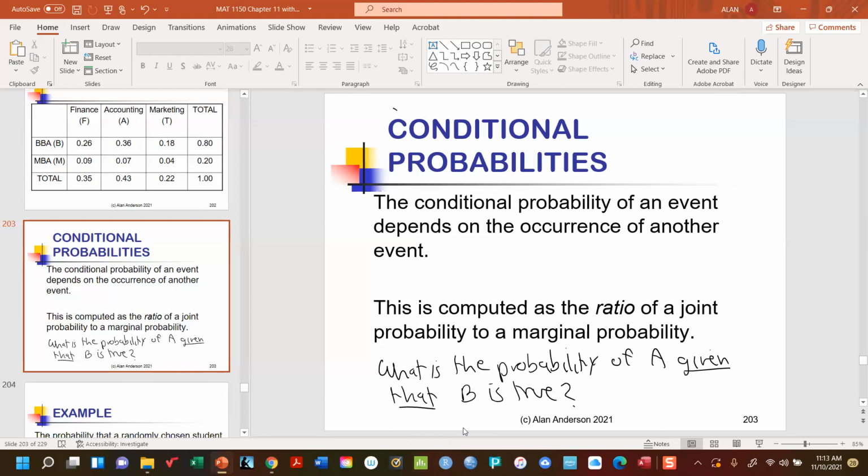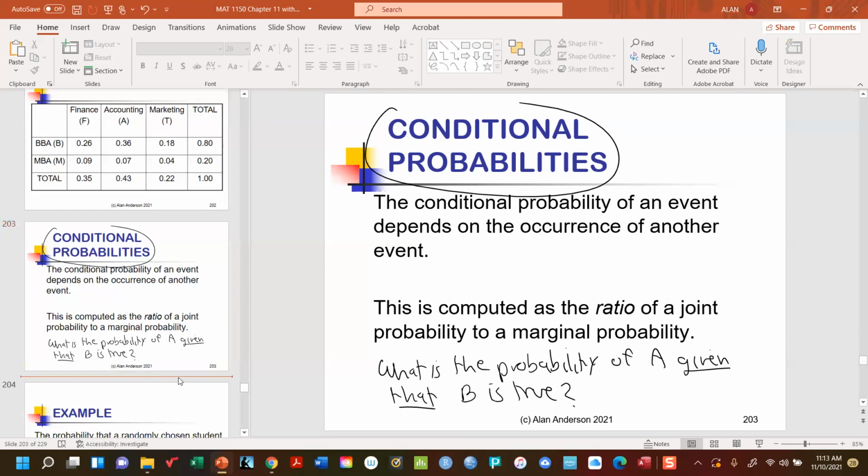This is known as a conditional probability. Now, even that's kind of an abstract example. So let me throw something in there, which is not based on our business school. Let's try this as an example of a conditional probability.